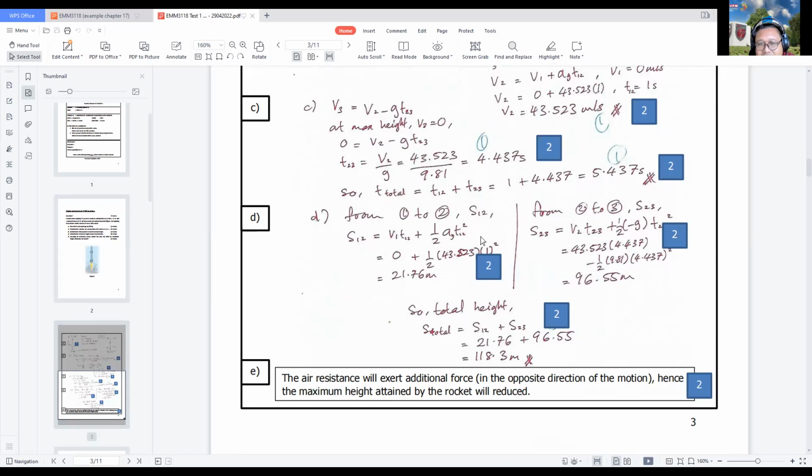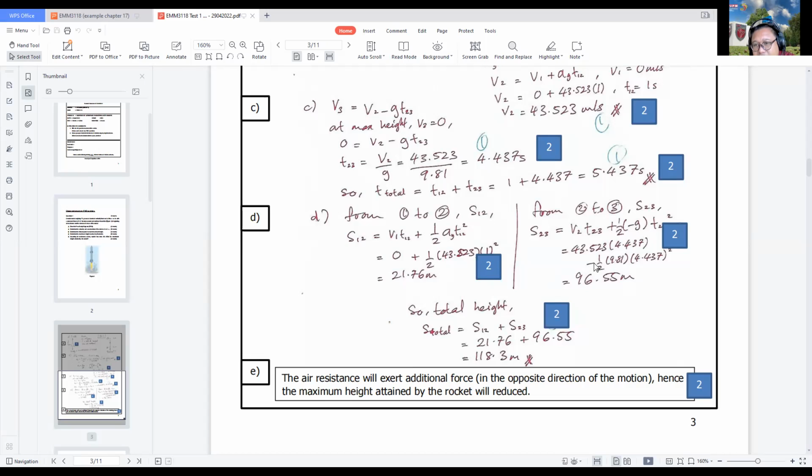Don't be confused. I think some of you might be confused because to calculate this first part, you use AY. AY in this case is 43.523. And on the second part, because we don't have any more acceleration from the rocket, what we have is only gravity, so here you use minus 9.81.